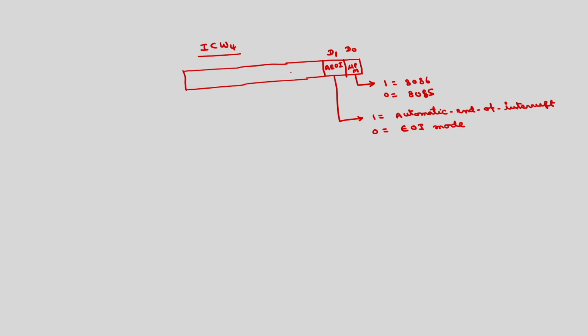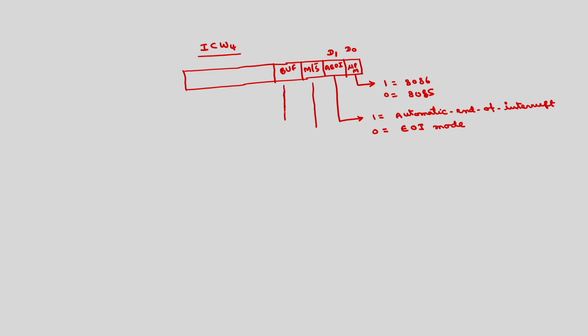And then the third bit will be M by S bar and the fourth bit is BUF. M by S bar is master slash slave bar and BUF stands for buffer. So, these 2 bits will decide the operation.